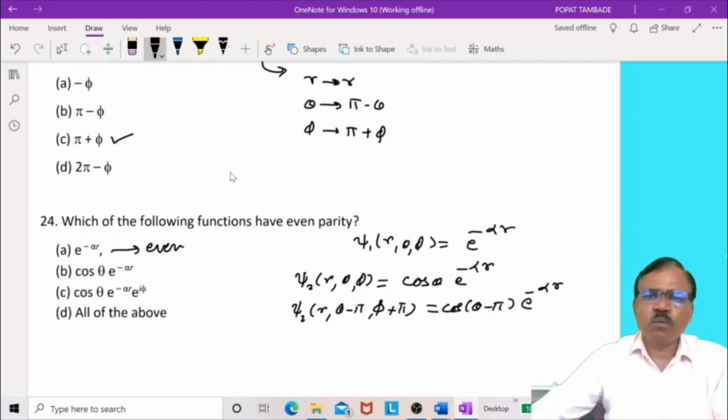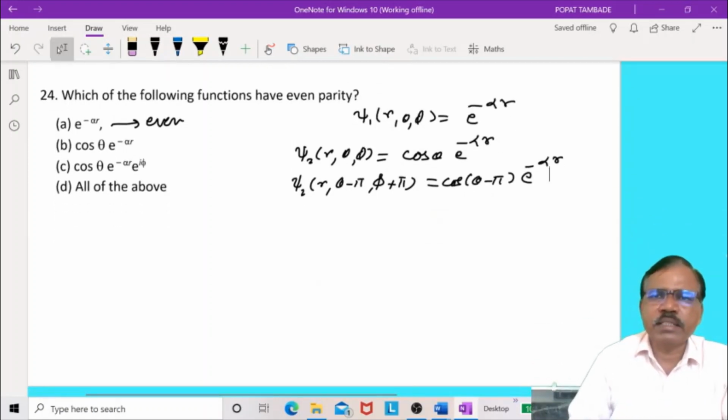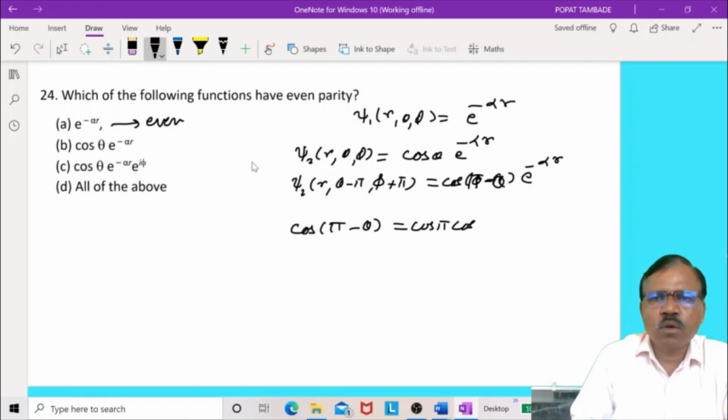Now we will find this cos of pi minus theta. So cos of pi minus theta will be equal to cos pi cos theta plus sin pi sin theta. Now sin pi is 0, cos pi is minus 1, so you get minus cos theta.